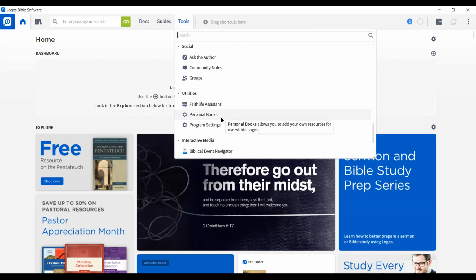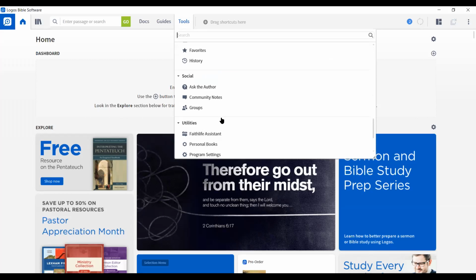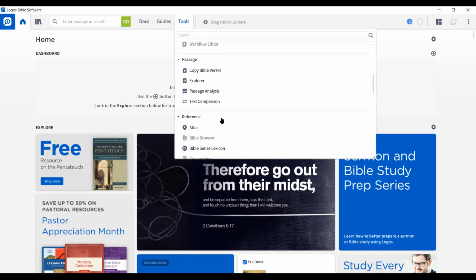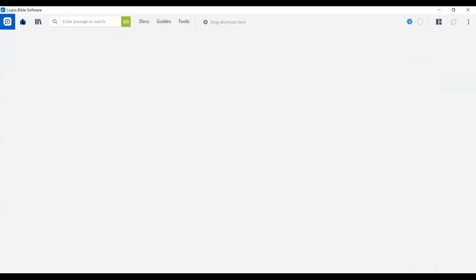So it's very interesting because, do you see, Logos started as a library, and later on it added some search instruments, but Accordance started as a search instrument, but they added some books, so now they go in the same direction.